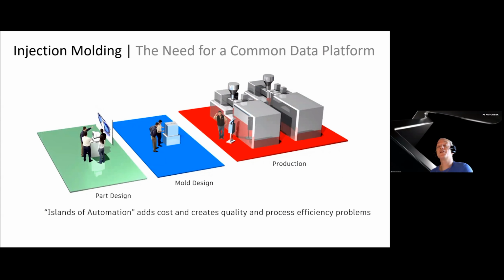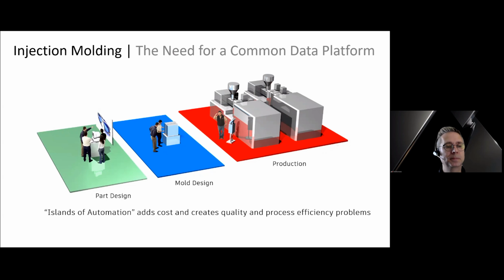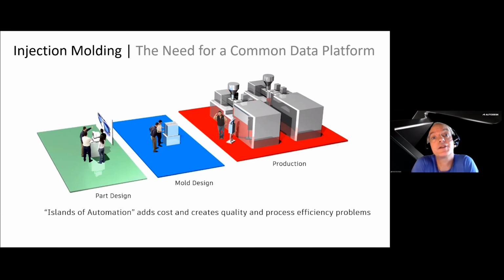Yeah, and I think actually another thing we have to talk about is the industry itself. When you go from, let's say, a part design to an injection molding machine, there are many different people involved. In many cases, there are different companies involved with different skill sets.